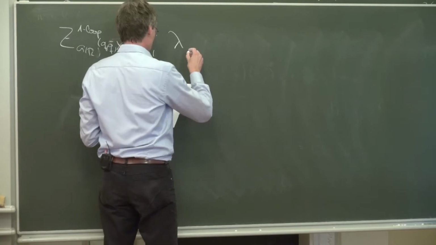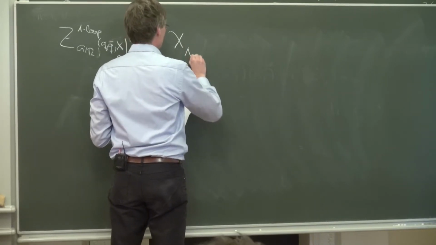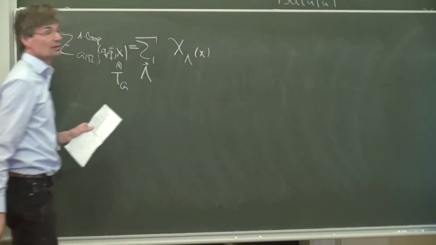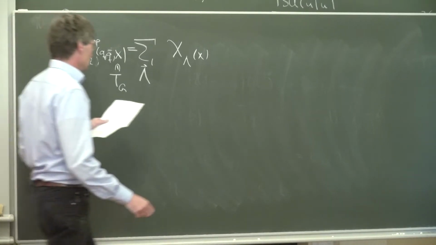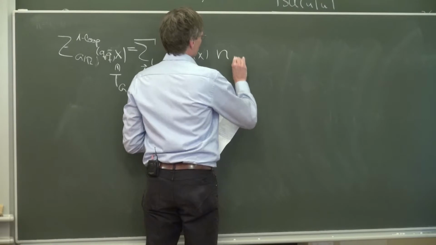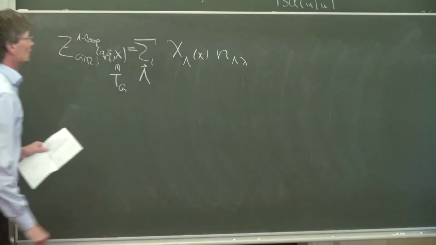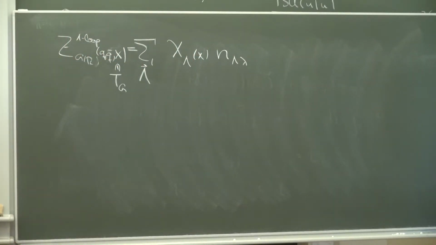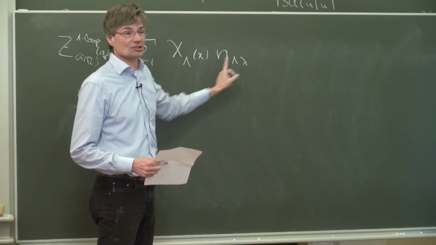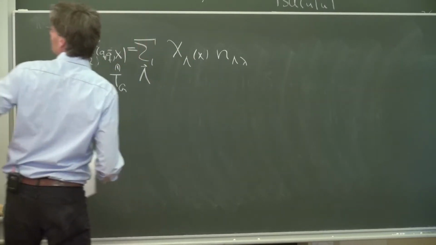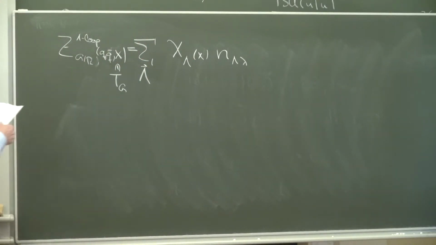So you get a character of a representation of G, summed over all the representations that appear in your model. Then you get branching numbers of a representation of G into representations of H. This basically counts the sections in your homogeneous vector bundle, so it's counting these zero modes.